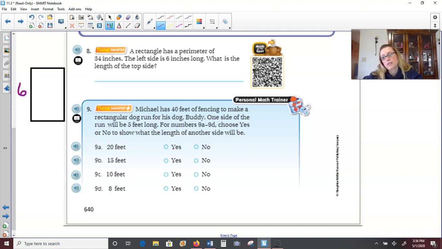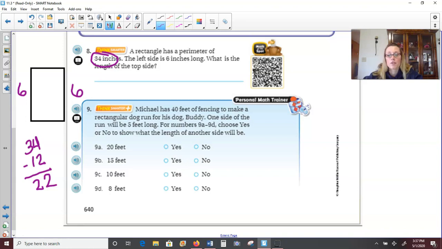So if this side is 6, we know the opposite side is 6, and the total is 34. So 6 plus 6 is 12. And we're going to subtract that from the total perimeter of 34 to see the total for the top and the bottom. So 4 minus 2 is 2. 3 minus 1 is 2.